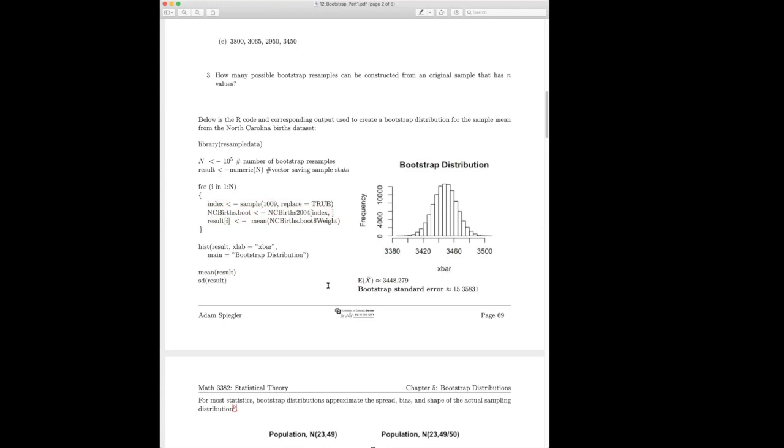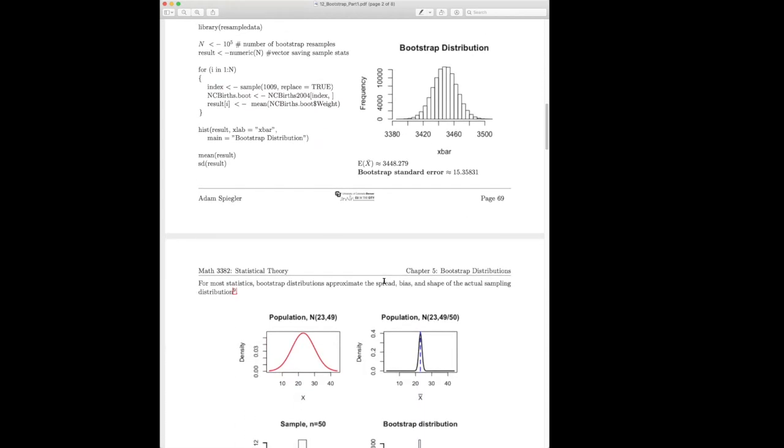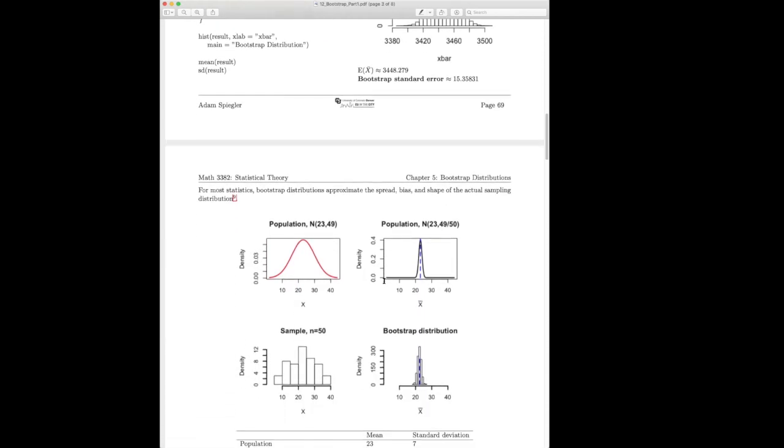If you ran this on your computer, you probably got different values, and that's okay. There's going to be randomness involved there. In fact, if you all get the same values, that would be really odd. So there should be some degree of variability here. Okay, so any questions about how we got that first bootstrap distribution?